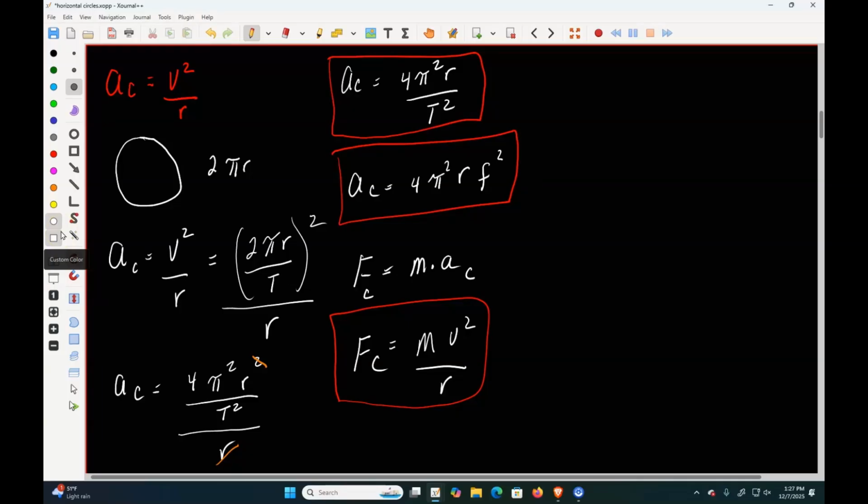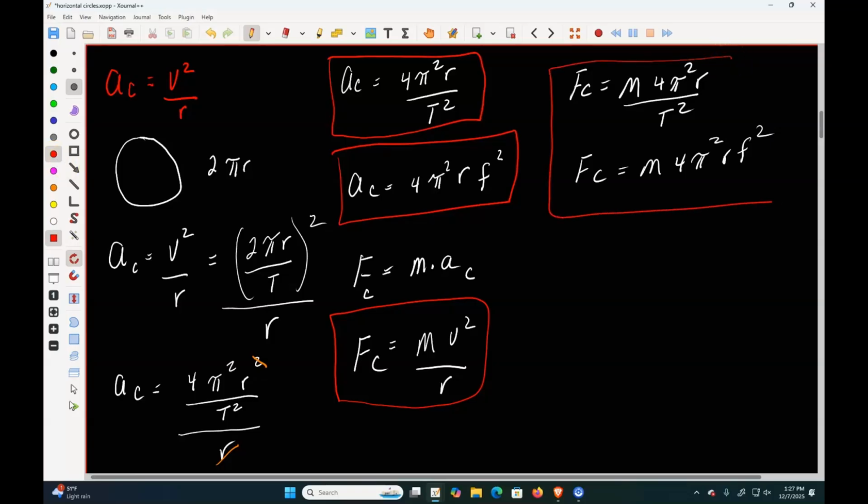Now I can also substitute the 4 pi squared r over T squared. And I could also substitute mass times 4 pi squared r f squared. These are the primary formulas that we'll use. So make sure you set those aside somewhere.